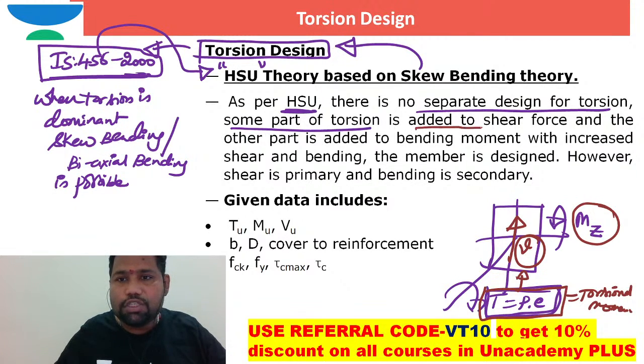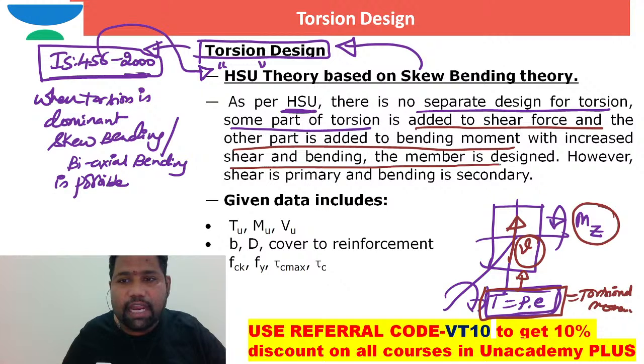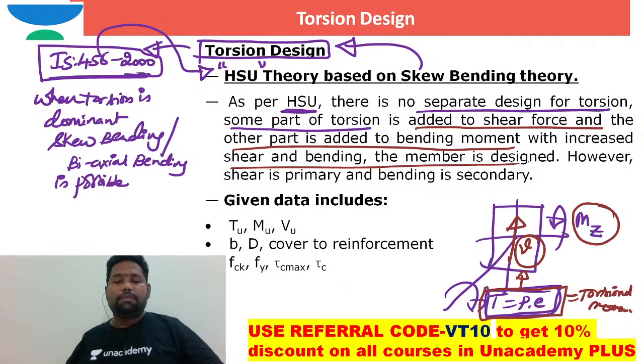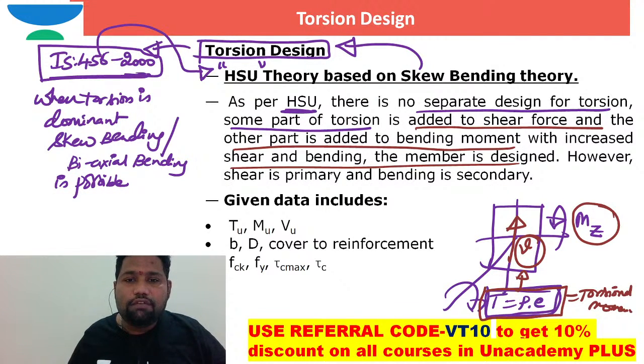Some part is added to the shear force and some other part is added to the bending moment. The beam is designed for this increased shear force and bending moment.